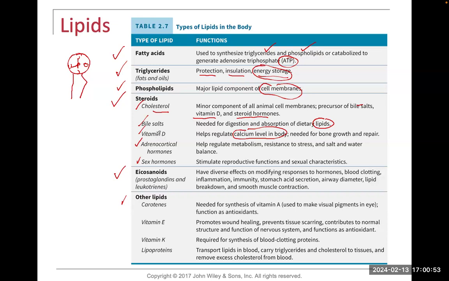Then we make these vitamin D precursors that go to the liver first. And then after the liver makes some vitamin D precursors, it goes to the kidneys, where it makes the bioavailable form of vitamin D. So the liver makes 25 hydroxide and the kidneys make 1,25 hydroxide.